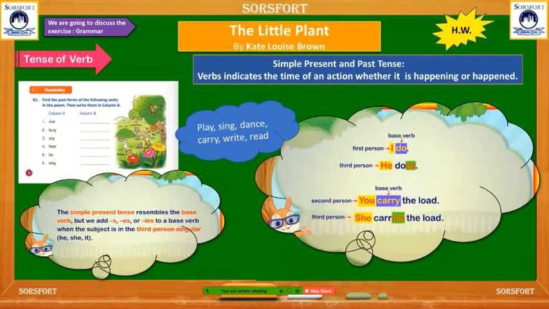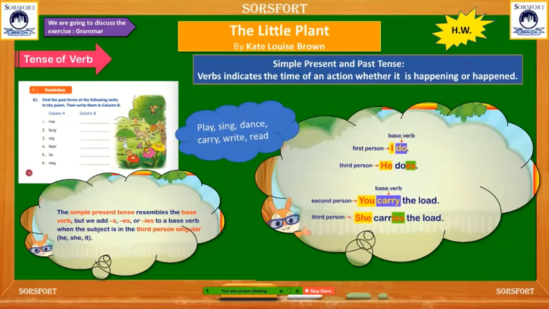See the sentence. I do. Here do is the base verb. He does. Do is the base verb, and es we added after do when it is third person singular number. He is third person singular number. That's why we added es. But I is first person. That's why we kept the base verb as it is.